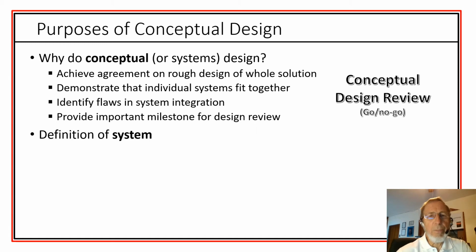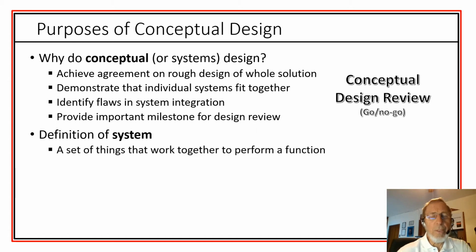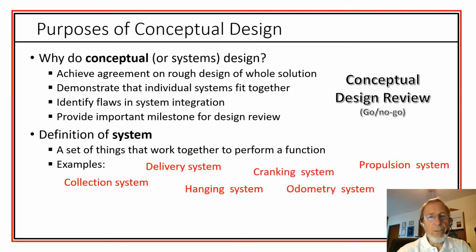What do we mean by system anyway? Using that term, system is simply a set of things that work together to perform a function. When we're dealing with robot design, examples include a delivery system, system for collecting game elements, system for propelling or propulsion system for the whole robot, etc. So for your given design, you'll have a number of systems that need to be defined and then integrated together for this conceptual design.